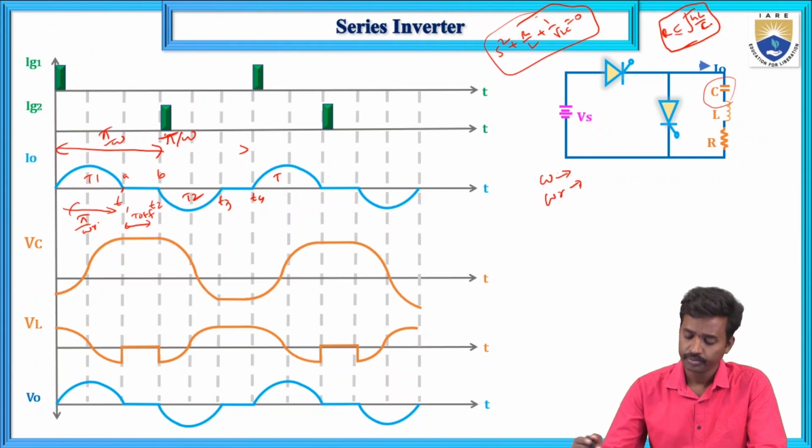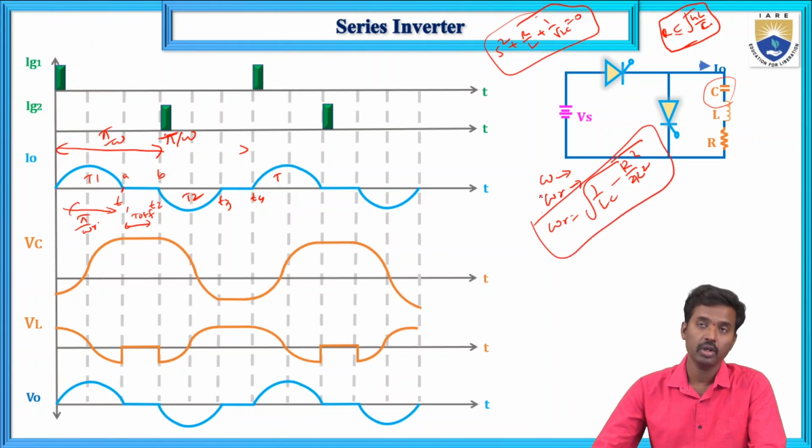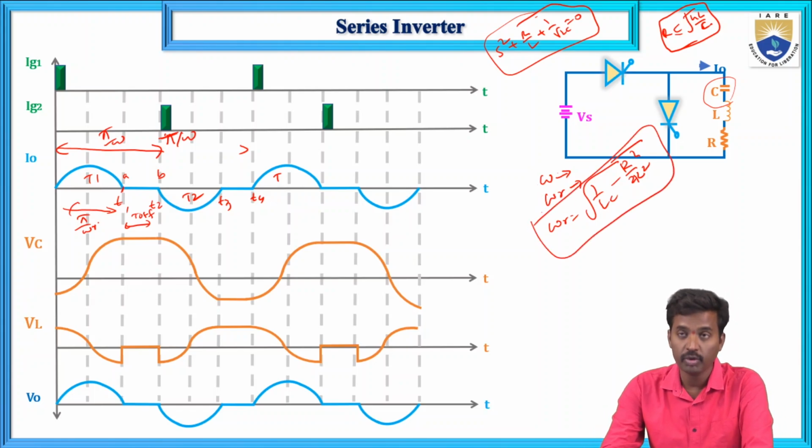So what about the ringing frequency formula? Ringing frequency omega r equals the square root of 1 by LC minus R square by 4L square. So this is the ringing frequency formula. Now, what is the maximum frequency formula?